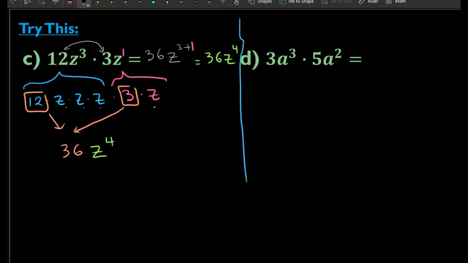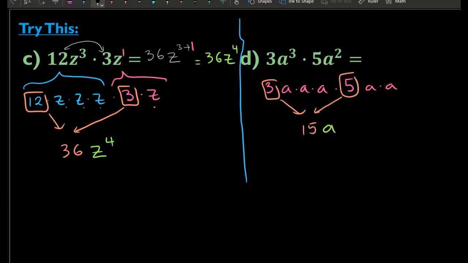Alright, now part D. Same thing. 3 times a times a times a times 5 times a times a. Then we multiply the whole numbers together. 3 times 5 is 15. a to the 1, 2, 3, 4, 5, a to the 5th power.